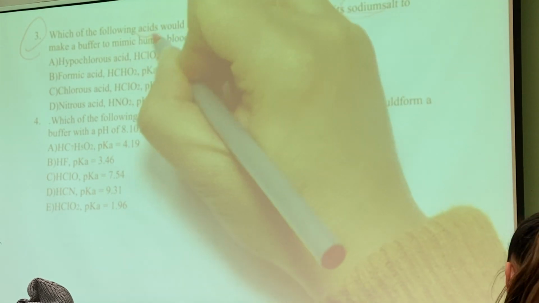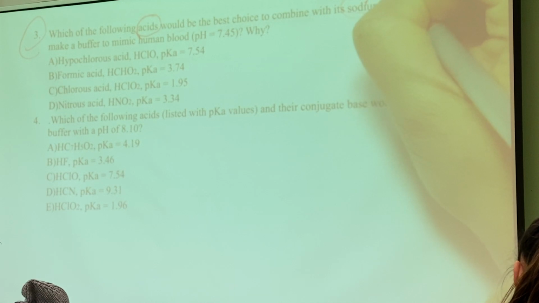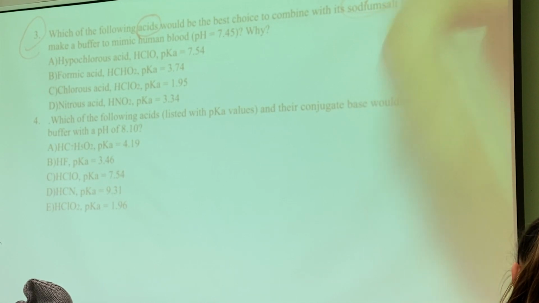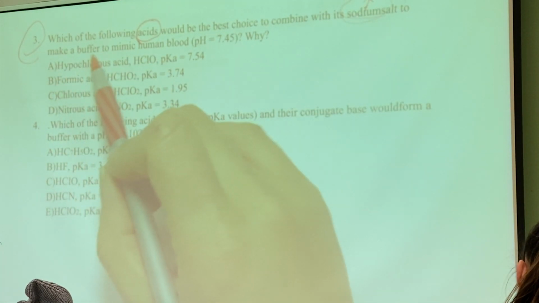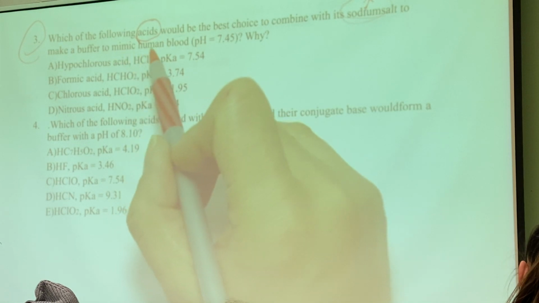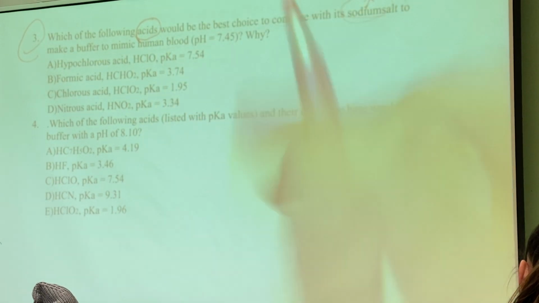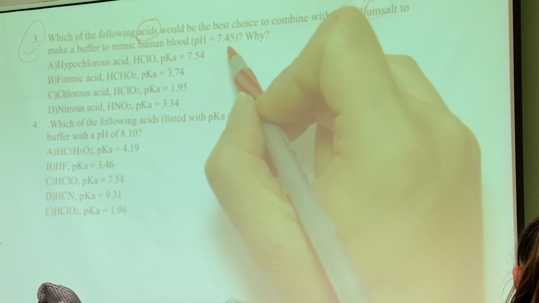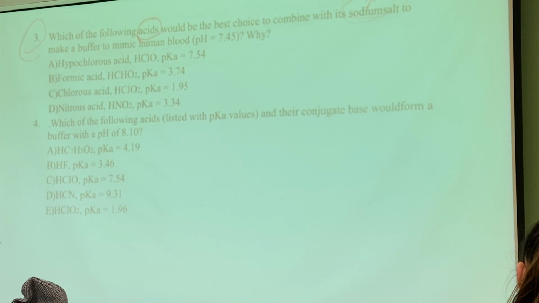The salt comes from the acid to make the conjugate base. To make a buffer to mimic human blood, and the pH for human blood is about 7.35 to 7.45. Ask you why. You try to work by yourself. Pick one.